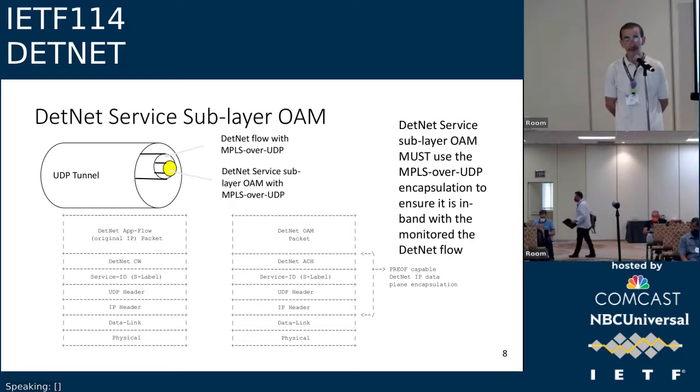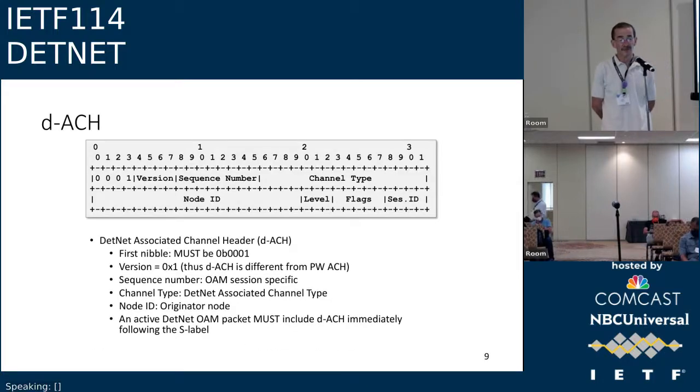If we go to the next slide, this is more specific to what's defined in the DetNet MPLS data plane, the modified ACH word. As you see, it's different from the DetNet control word.